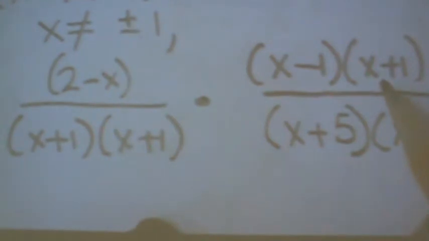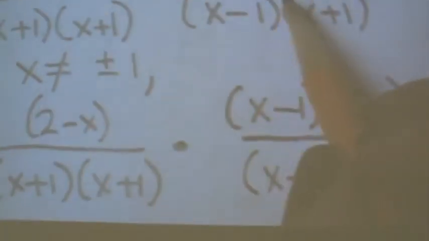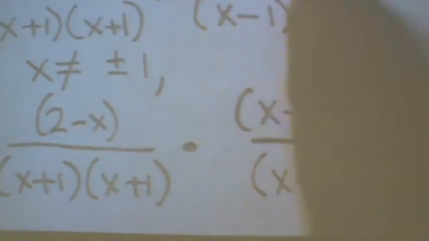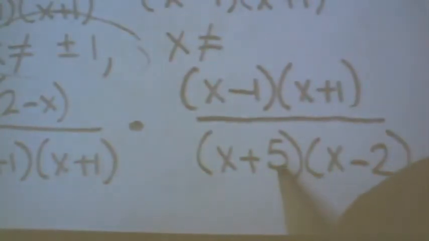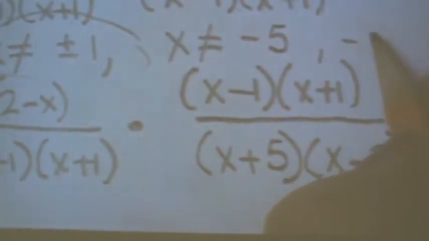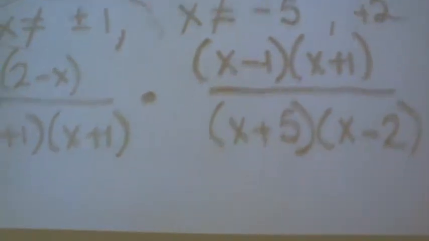What you have to understand, with a division one, you need to state the restrictions of the numerator and the denominator of this one. So the restrictions are 1, -1, -5, 2. You could add your restrictions to this list. X cannot be -5 and also 2. Why? Because it'll make 0 on the bottom, and you can't have 0 on the bottom.